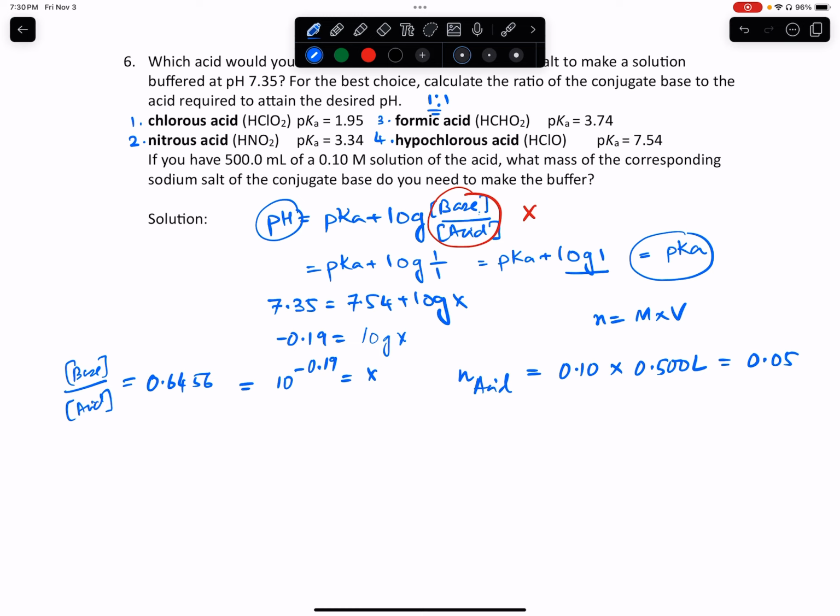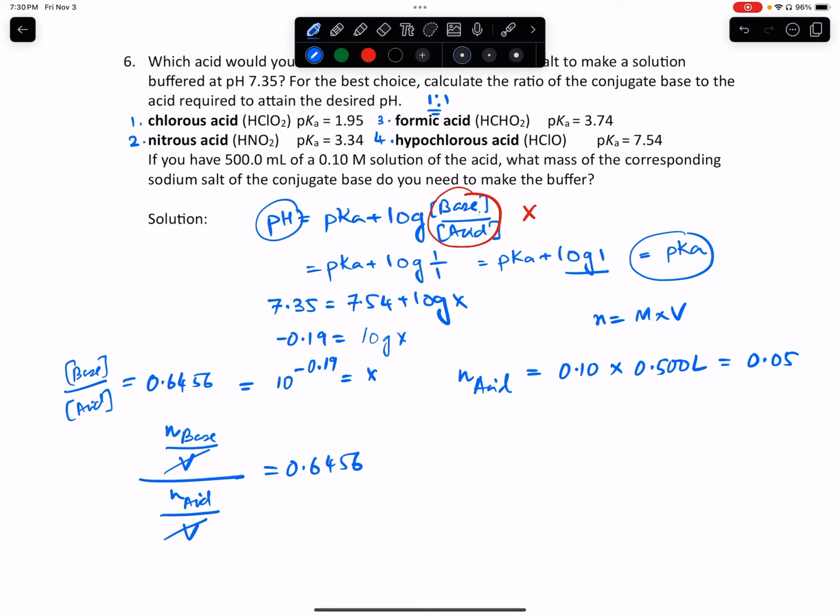Now we're going to put this number into this equation. Why? Because the concentration of base is the number of moles of base over total volume, divided by the number of moles of acid over total volume, and that is equal to 0.6456.